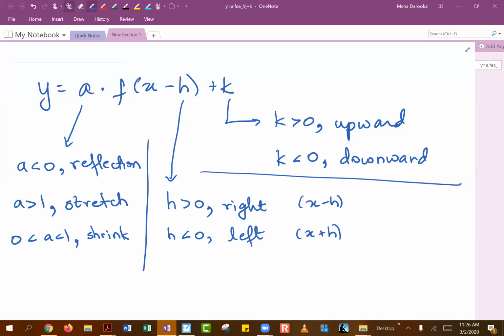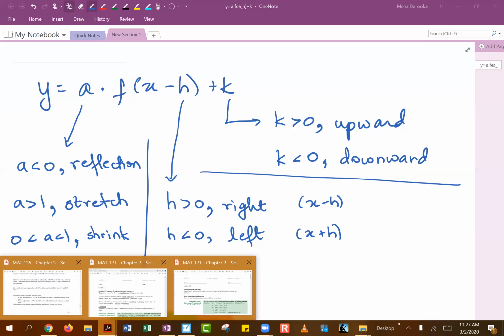And like order of operations, where we do please excuse my dear Aunt Sally, we actually have an order when you have multiple of these transformations within the same equation. You actually have to follow an order of how you do the transformations, because obviously we want everybody to get a standard answer, a standard graph. So this is where we started last time.